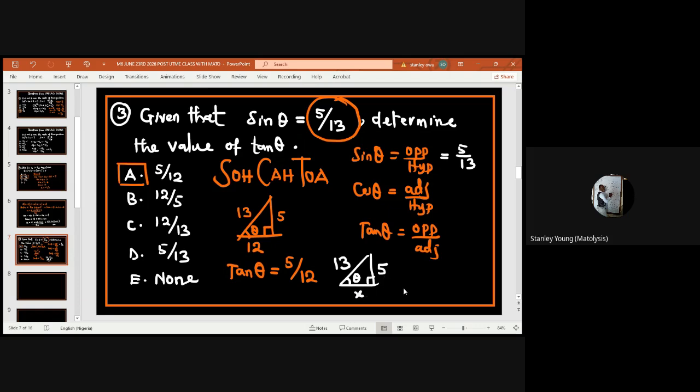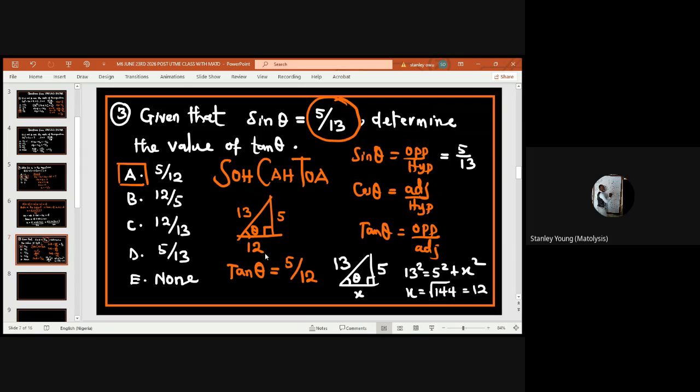So by Pythagoras theorem, I will label the third side x. According to Pythagoras theorem, in a right angle triangle, the square of the hypotenuse is equal to the sum of the squares of the other two sides of the triangle. So we have 13 squared equals 5 squared plus x squared. 13 squared is 169. 5 squared is 25. 169 minus 25 is 144. x is going to be the square root of 144, which equals 12.